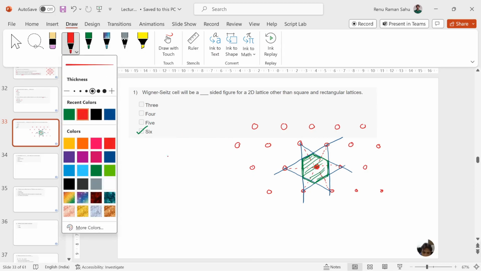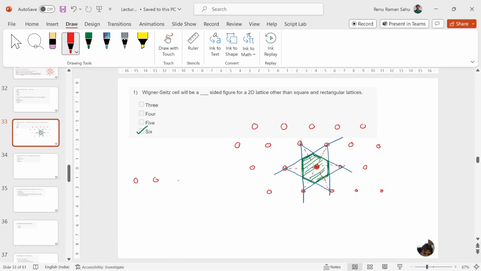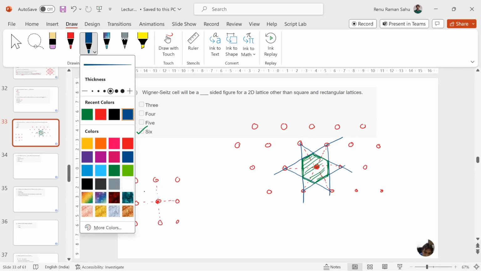If you had put a square lattice, it would change. For a square lattice, it is a square. For example, if you have this, you choose this as the origin, draw these lines, and now make the perpendicular bisectors.